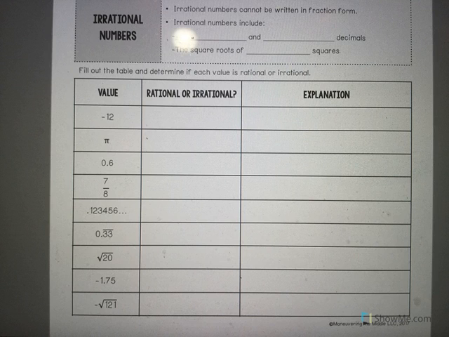Okay, let's take a look at this and fill this out. What do we think about negative 12? Let's ask ourselves: can negative 12 be written as a fraction? Of course it can, so it's rational. And what's the fraction?